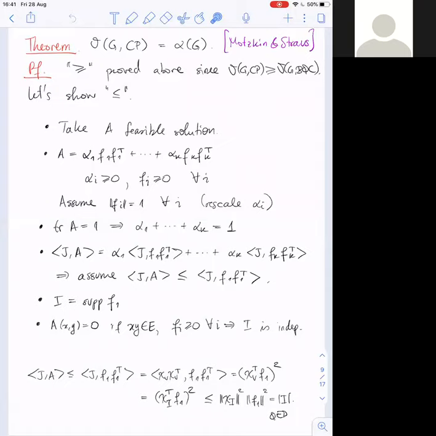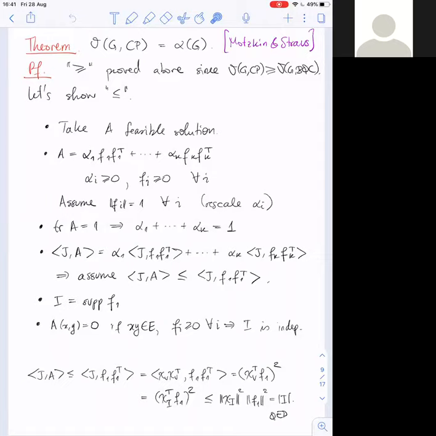How do you do that? You know that this matrix is in the completely positive cone, so you can write it as a conic combination of outer products of non-negative vectors. So it's alpha 1, F1, F1 transpose, and so on up to alpha k, Fk, Fk transpose. So it's a conic combination.